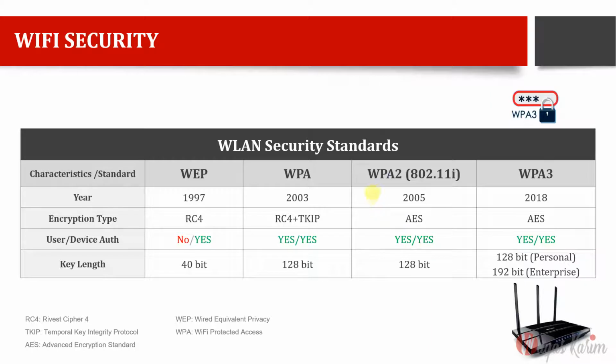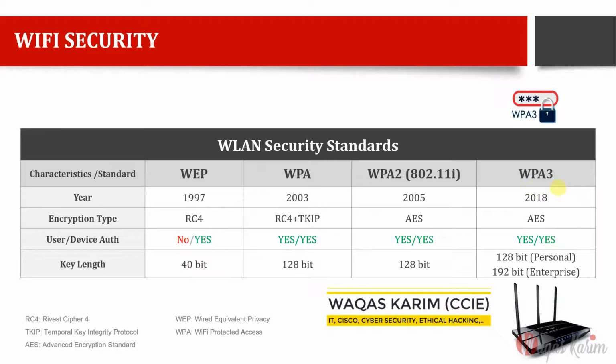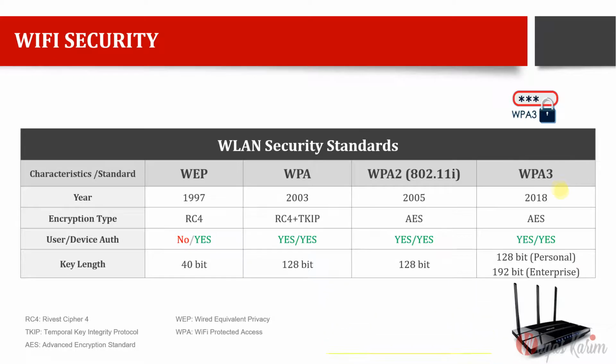WPA2 supports user and device authentication as well, and it gives us two profiles, personal and enterprise. Its key length was also 128. Then recently in 2018 we came to find the WPA3 encryption and security method on most of the advanced routers, but as of today you might not see many routers with WPA3 because it is still in the upgradation or integration phase.